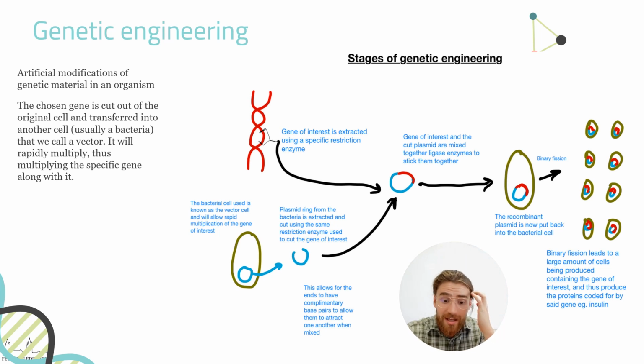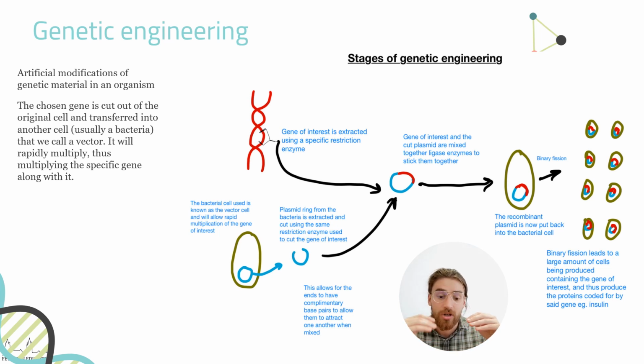Now we're then going to use the same restriction enzyme to cut a gap into the plasmid of a bacteria. We call this bacteria a vector. It's going to carry our new gene and replicate it.